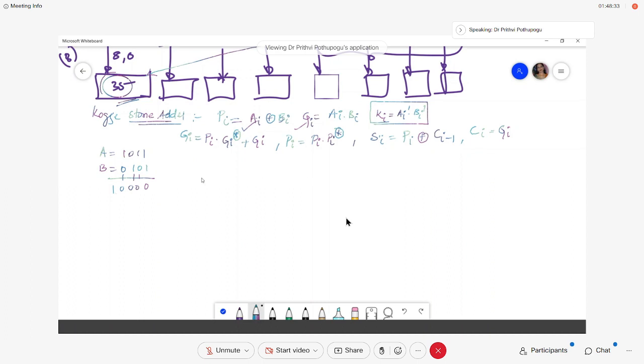Now the stages, if you are considering 4 stages, what is P and what is G? Those two values we need to take here, for each stage independently: propagate and generate, propagate and generate, propagate and generate.